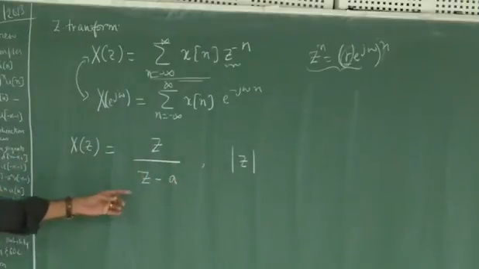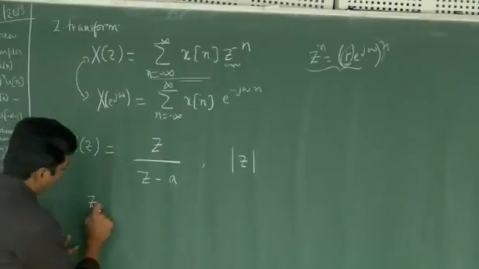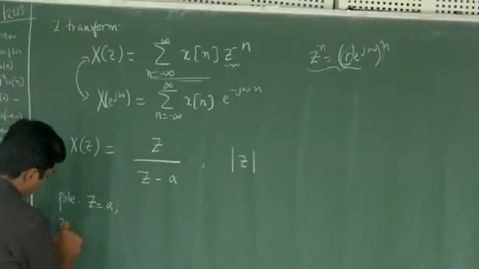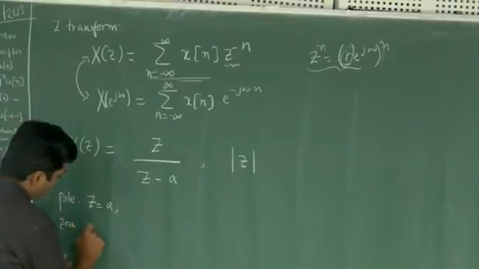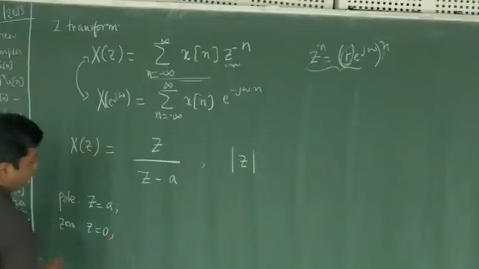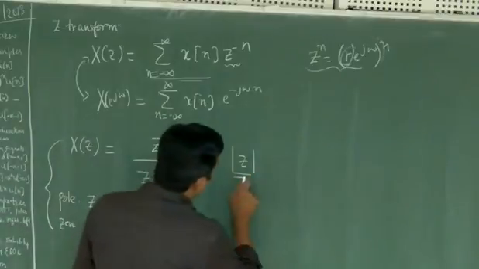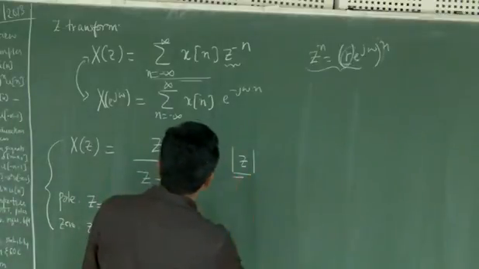So what are the poles in this system? z equal to a is a pole, right? And where do we have a zero? We have a zero when, right? Even if I gave you this information, that is not going to specify the system for me. I need to say for which region in the z plane this exists.